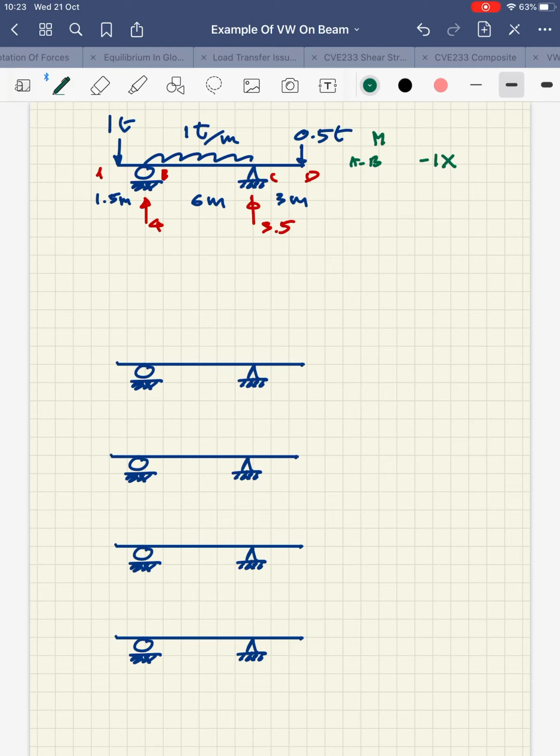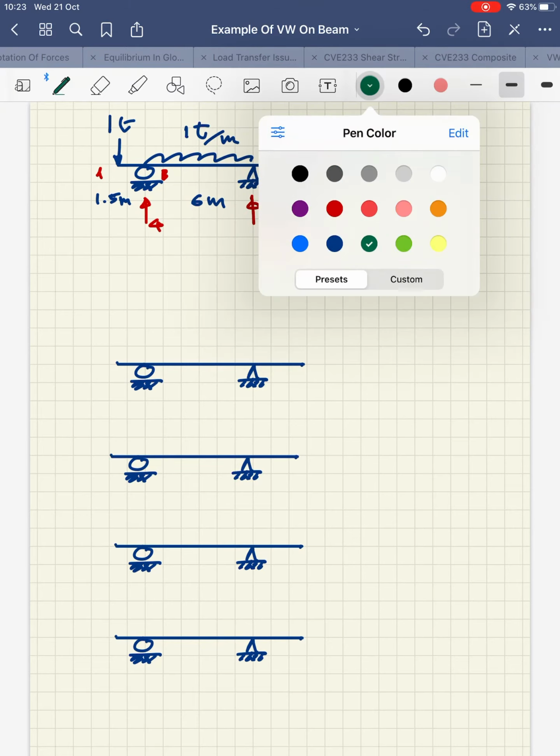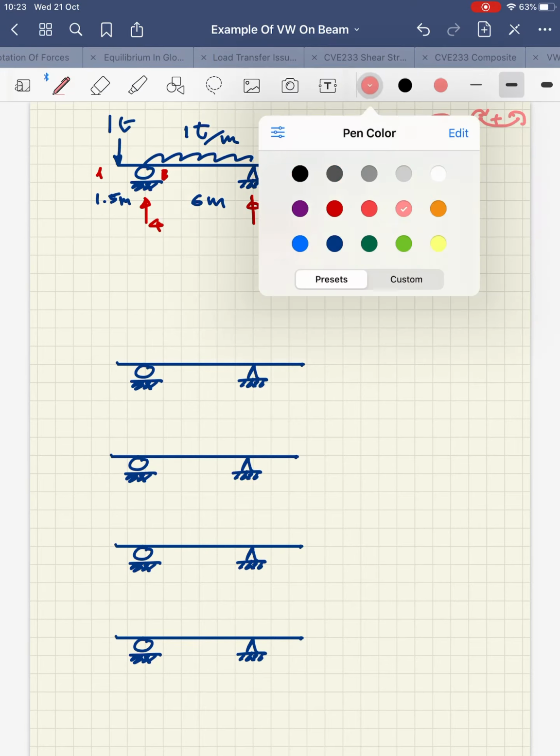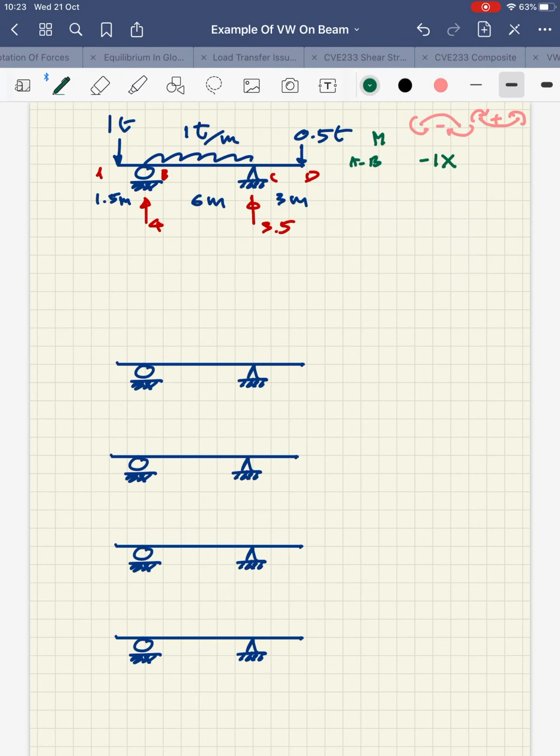Now I still prefer to use the negative sign for my negative moment, and what I mean by negative moment is that I simply use this sign convention. Okay, so that is the negative. So if it is positive, it is of course going to be like this one. Okay, so back to the moment equation.